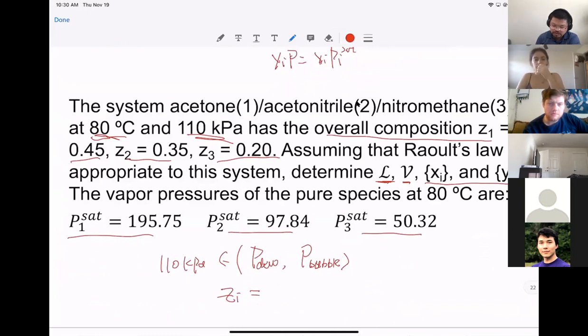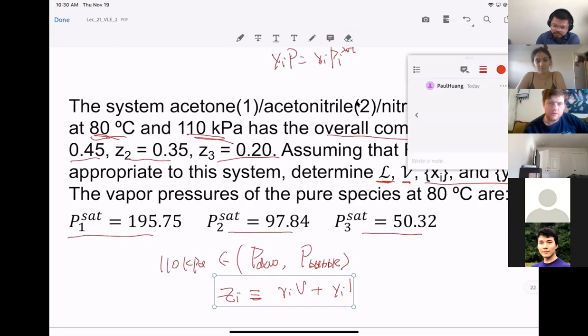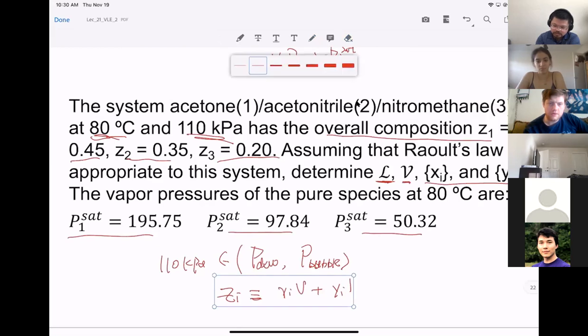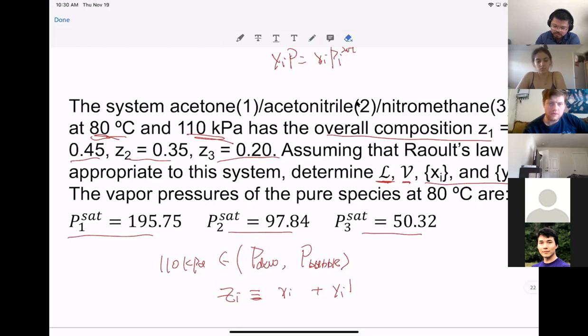From the definition, it is xi L plus yi V. Now when you are moving from liquid, if this is a pure liquid, you are going to look for the first bubble.